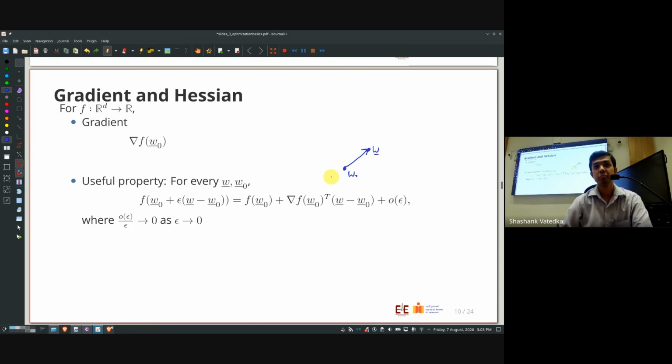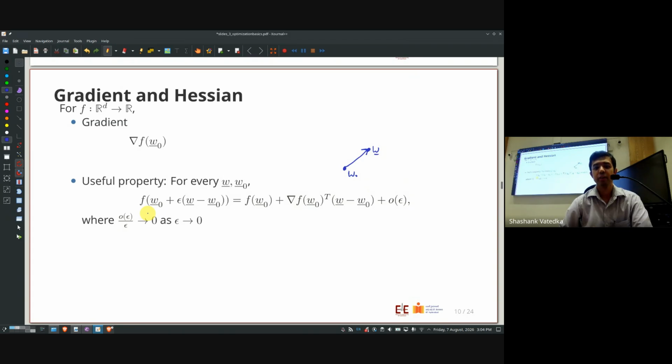This is a high-dimensional analog of the slope, and we want to make that concrete. So if you take a small step along this direction, then this is equal to f of w0 plus epsilon times the gradient of f at w0 transpose (w minus w0), plus some quantity that decays faster than epsilon as epsilon goes to 0.